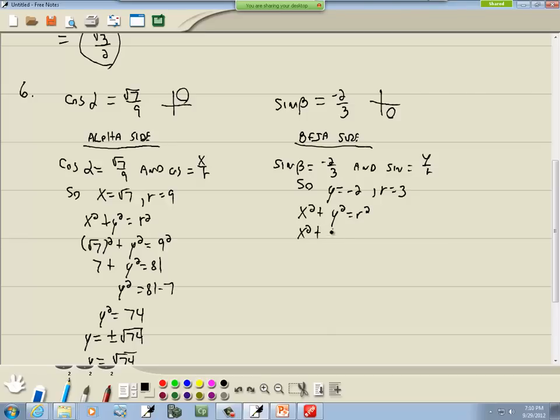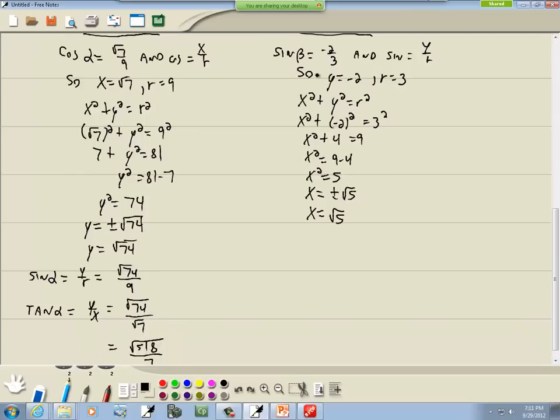X squared plus negative 2 squared is equal to 3 squared. So x squared plus 4 is equal to 9. Take 4 over, becomes a negative 4, and we get x squared is equal to 5. Drop the squared, put a plus or minus square root on the other side. Now we're dealing with quadrant 4, and down in quadrant 4 x values are positive, so x would equal square root of 5.